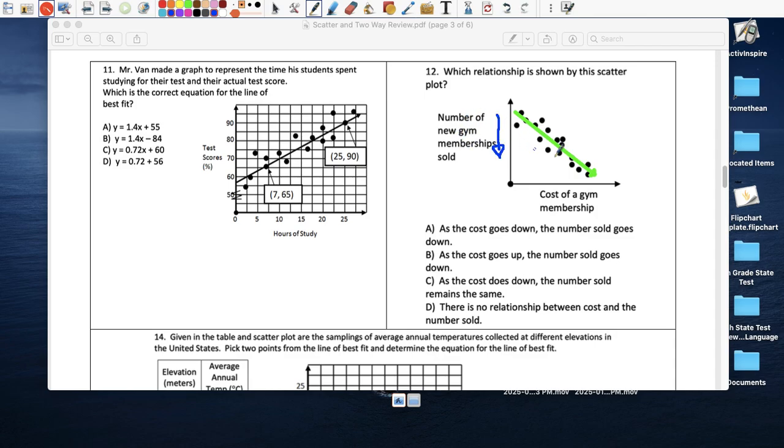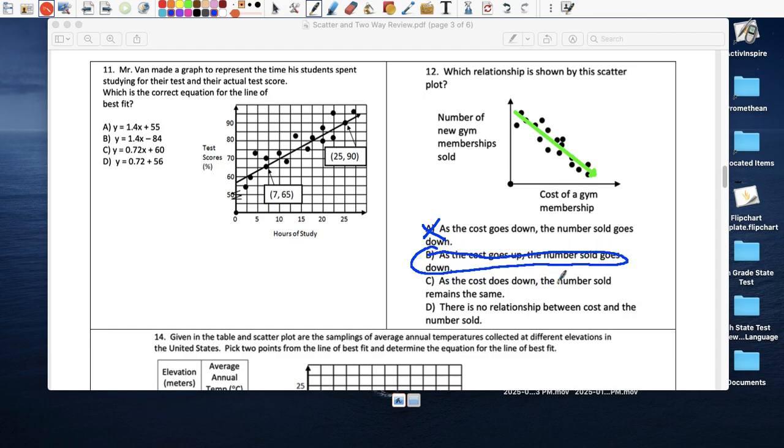It goes down because you have fewer people buying, right? So that's what's happening here. You know that as the cost of the gym membership increases, the number of new memberships goes down. So as the cost goes down, the number sold goes down. That's not it. As the cost goes up, the number sold goes down. That's our answer.